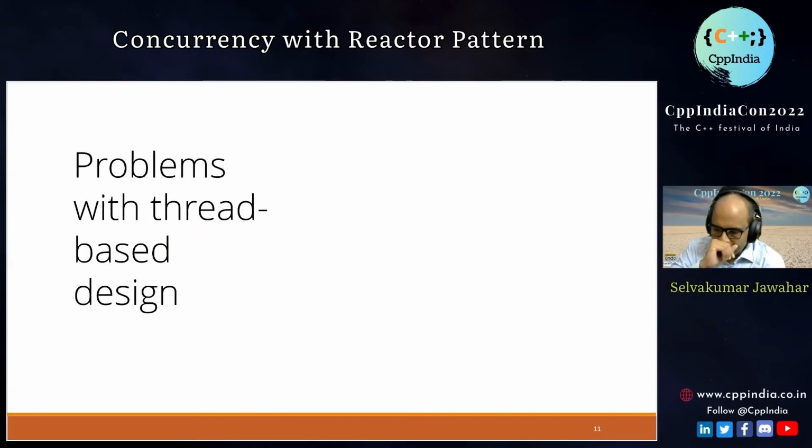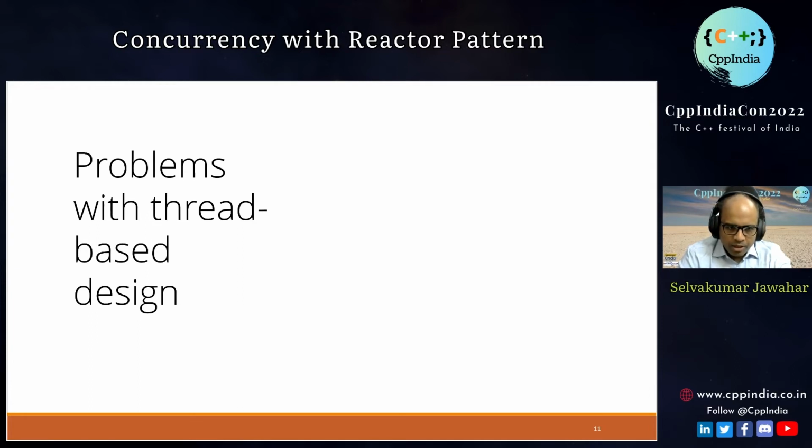some of the drawbacks. In our company, when we first started to design this concurrent system, the first approach, of course, was to use threads. Though not one thread per connection, we were trying to use a thread pool and align the number of threads with the number of CPUs available, so that it's a bit optimized.